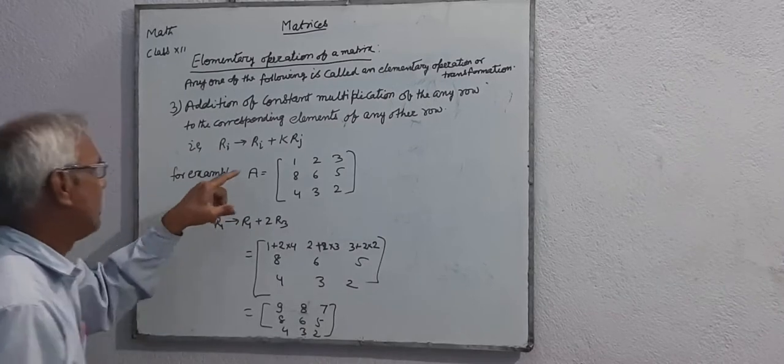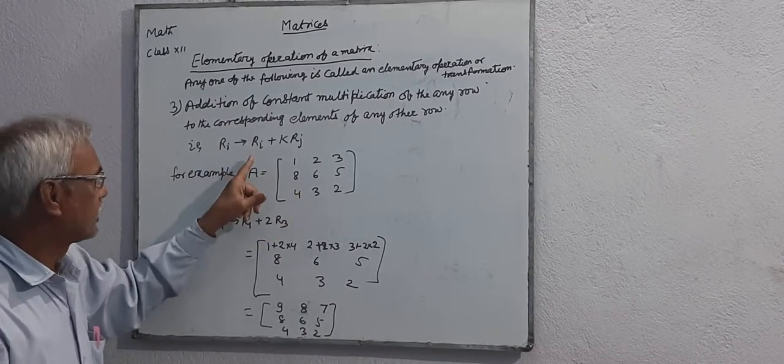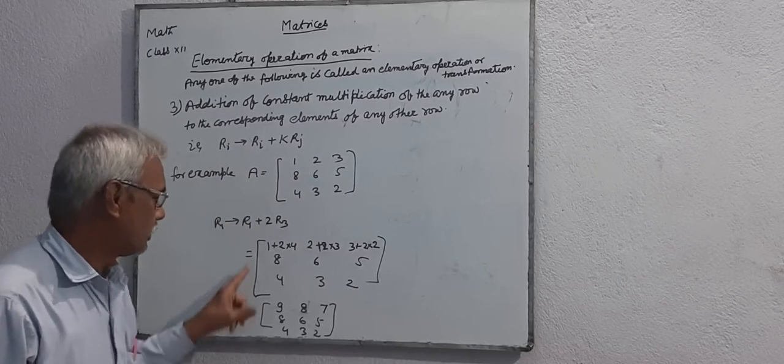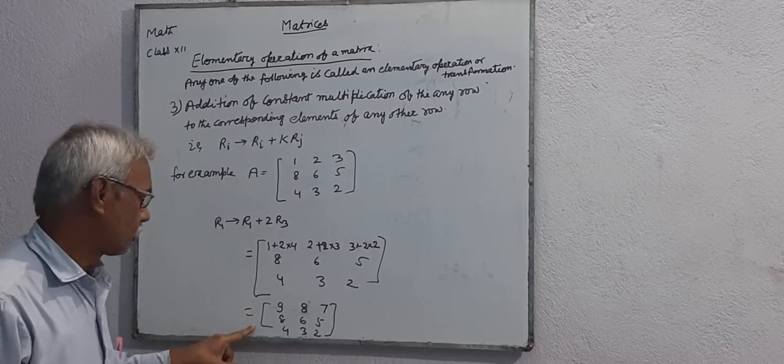Here any row multiplied by a constant and added to another row, we get an equivalent matrix.